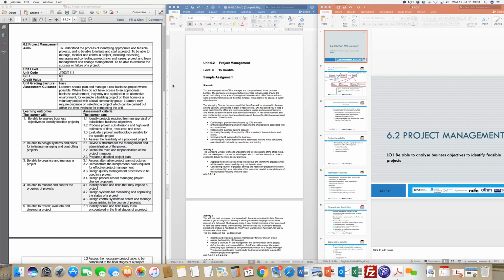Now, this particular unit, project management, is one of the optional units that we look at in this qualification at level 7. The reason for looking at this unit is that when we look at management roles, in particular mid-management to senior management roles, we are always, as individuals, working on small projects or small tasks which are considered projects.